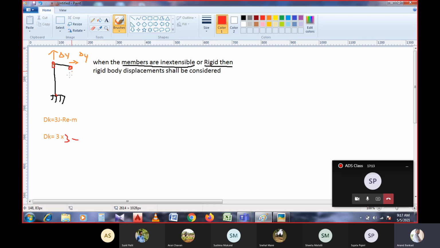Since there is no support at the other end, we have 3 reactions restrained, and there are 2 members in the frame. So 9 minus 3 is 6, minus 2 will be 4. This is the 4 degrees of freedom that are there in the given structure.